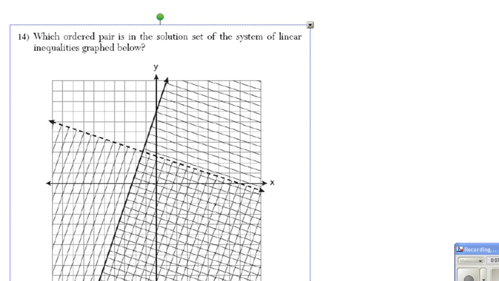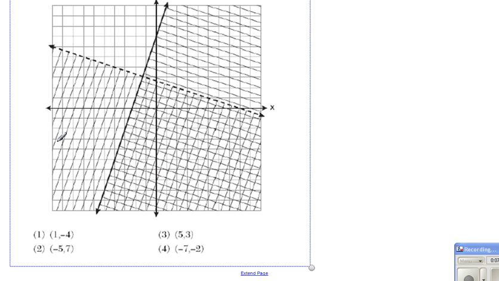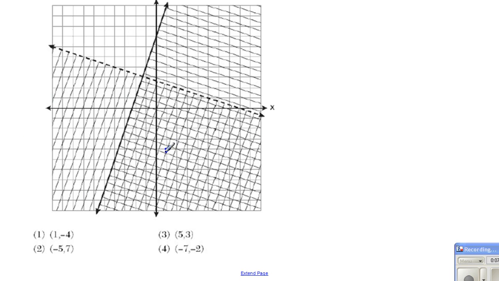Now here, let's go in. Any point along this line will be fine. 1 and negative 4, 1 and negative 4. And then 5 and 3. I'm sorry, that's not it. Negative 5 and 7.